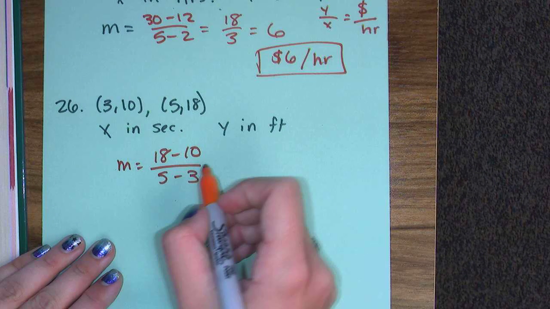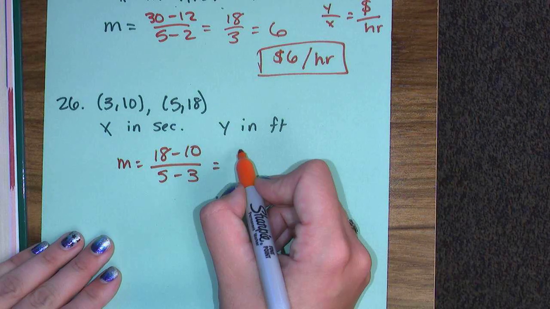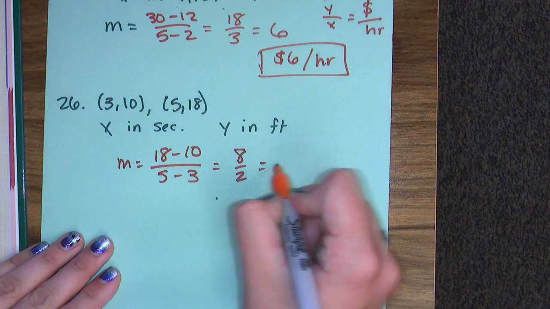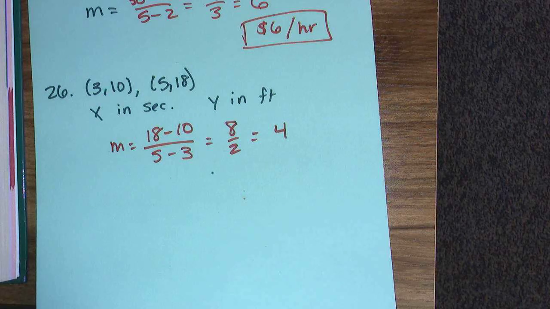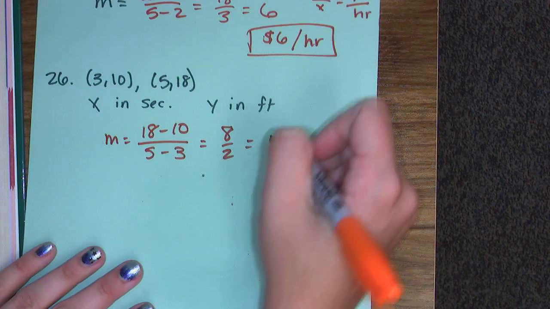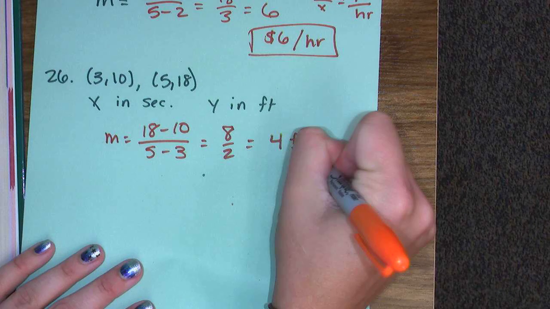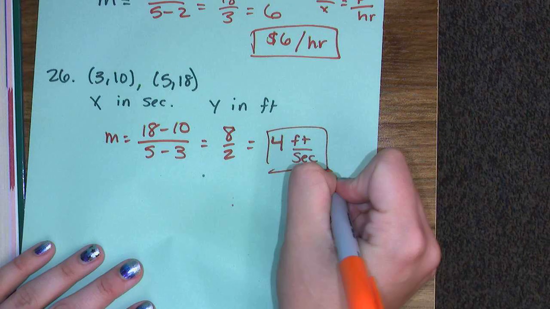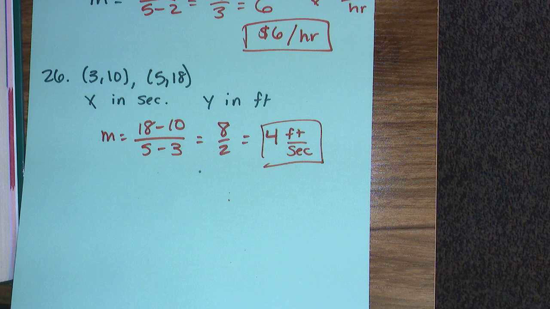Okay, giving me what? 4, and then what are my units? Yep. Do we understand the thing with the units? Okay, I just want to make sure we're good with that. Do we feel okay with rate of change? Yes. Yeah, you can write it out if you want to. I just like to do as little writing as possible.